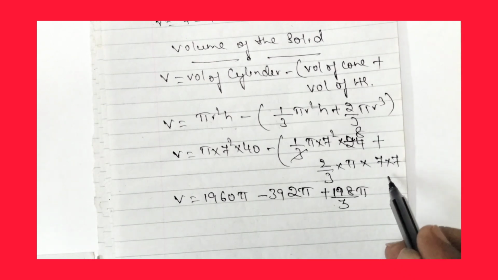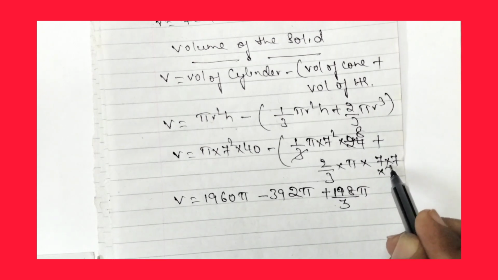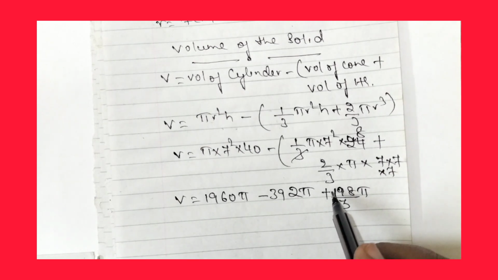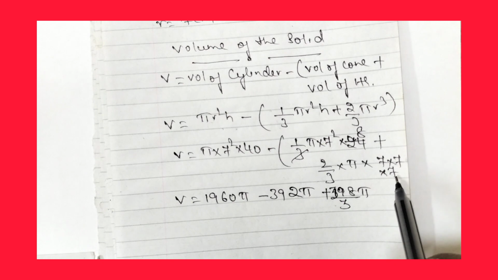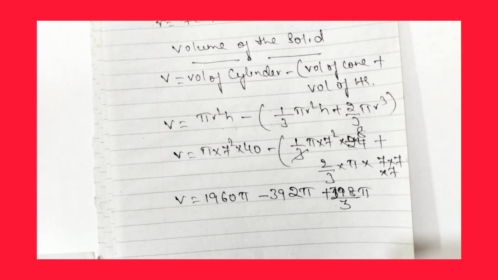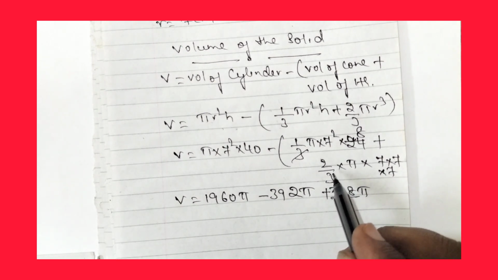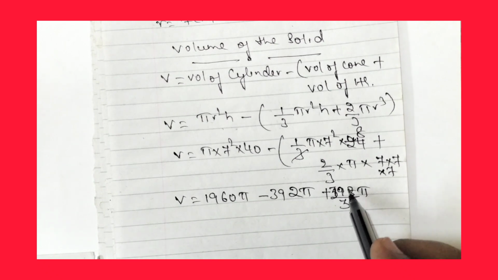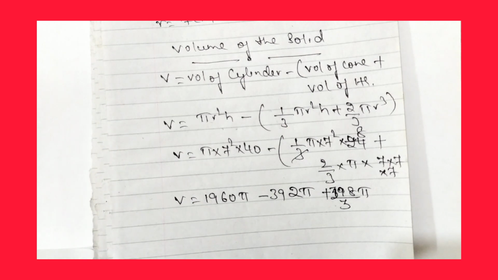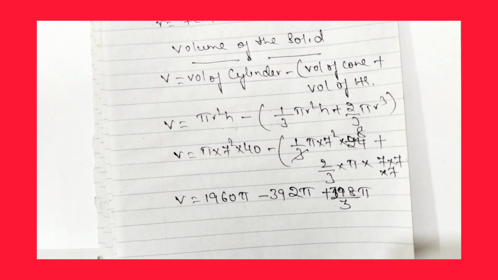So here 2 by 3 pi into 7 into 7 into 7. 7 sevens are 49, 49 into 7 becomes 343. So 343 into 2 is there. So how much will it become? Let us see. 7 sevens are 49, 49 sevens are 343. 343 into 2: 2 threes are 6, 2 fours are 8, 2 threes are 6.